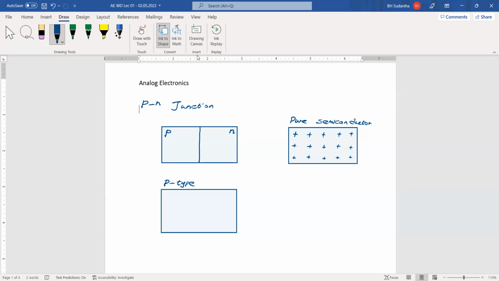But when you make a p-type semiconductor, the positive carriers, which generally we call holes, but anyway we can put positive signs here, are the majority carriers.